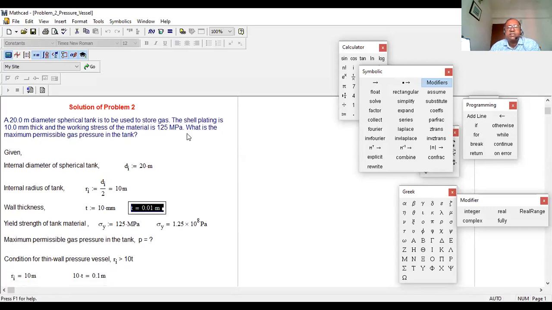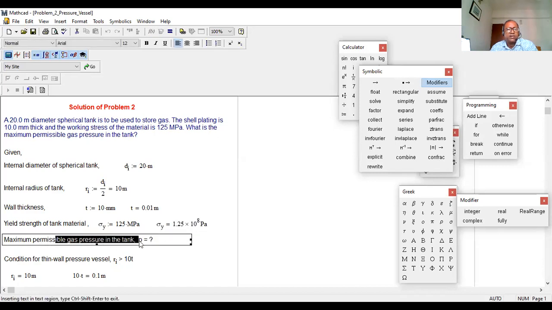Yield strength, meaning material working stress, 125 megapascal, convert to pascal. That means if the stress in the vessel is higher than the yield strength, then what will happen? The pressure vessel will fail. So you need to keep stress less than or equal to this. We need to find the maximum permissible gas pressure in the tank. That means P equals what?